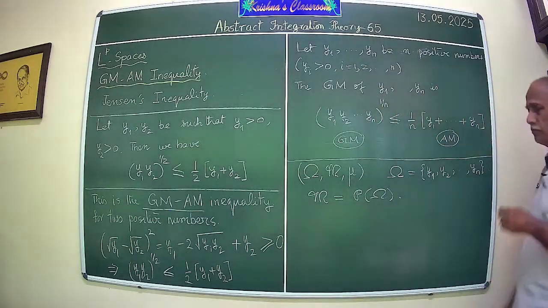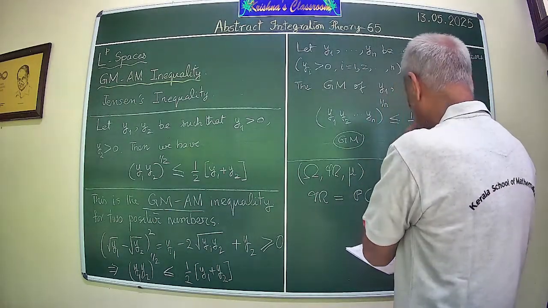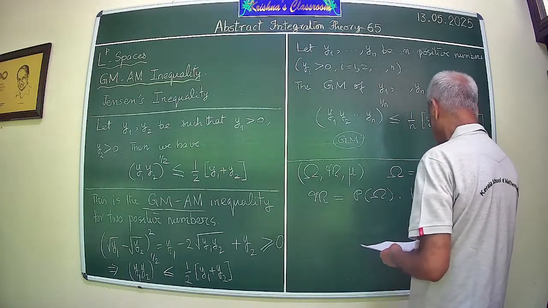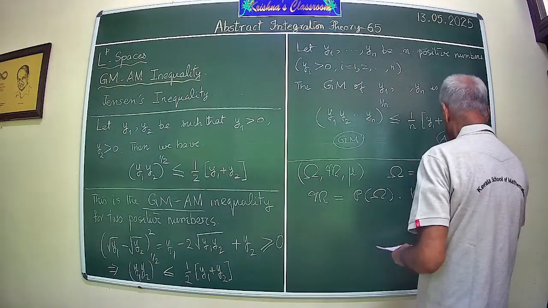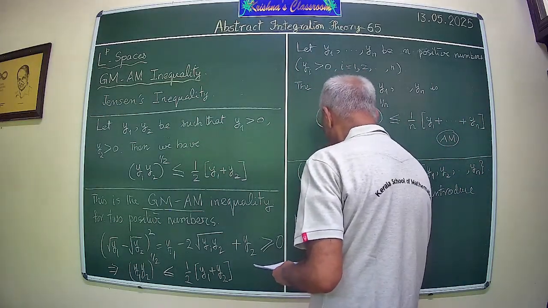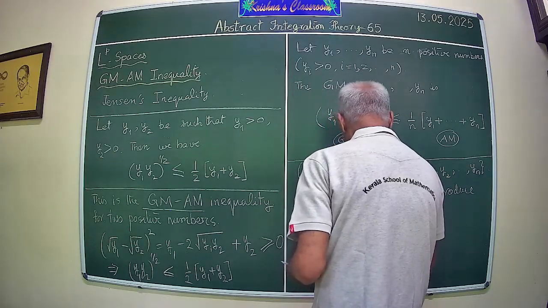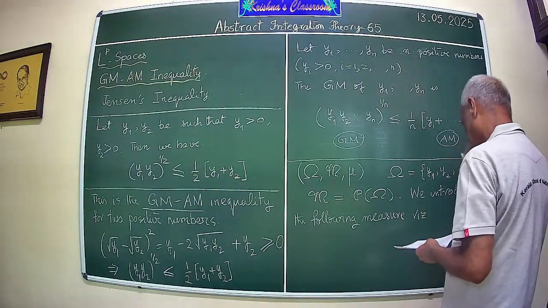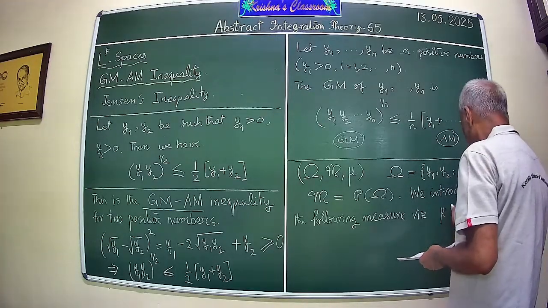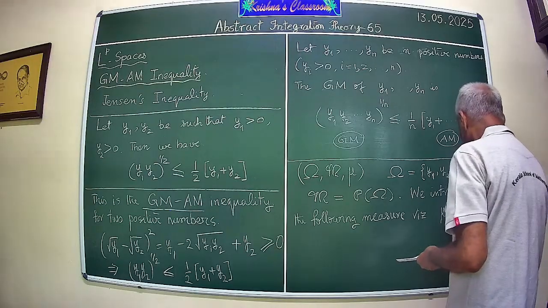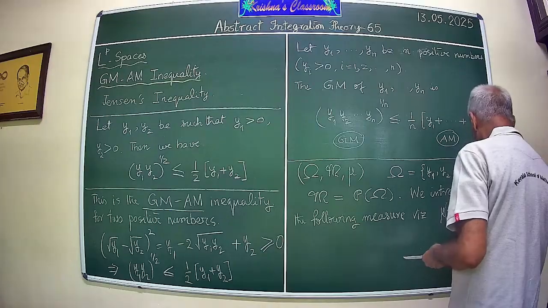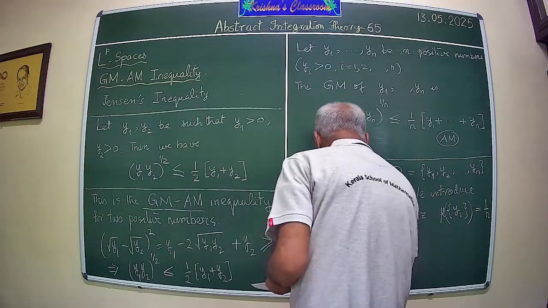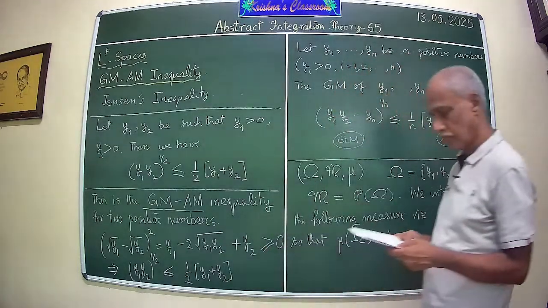On that we introduce the following measure, with the property that mu of yi is one by n, so that we have mu of omega equal to 1.